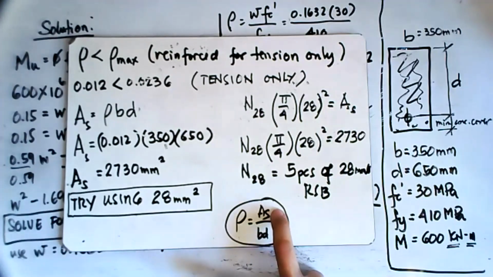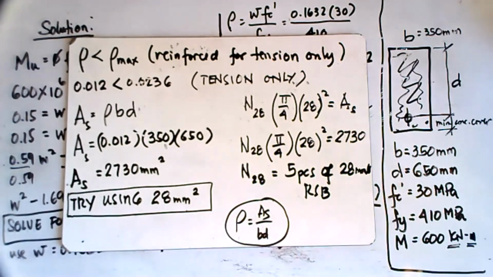The area of the steel, for us to provide a balanced condition, ibig sabihin lang, ang principle, yung area ng steel bars na provide natin is proportionate to the area of the concrete na nandun sa section natin. So that is balance condition.